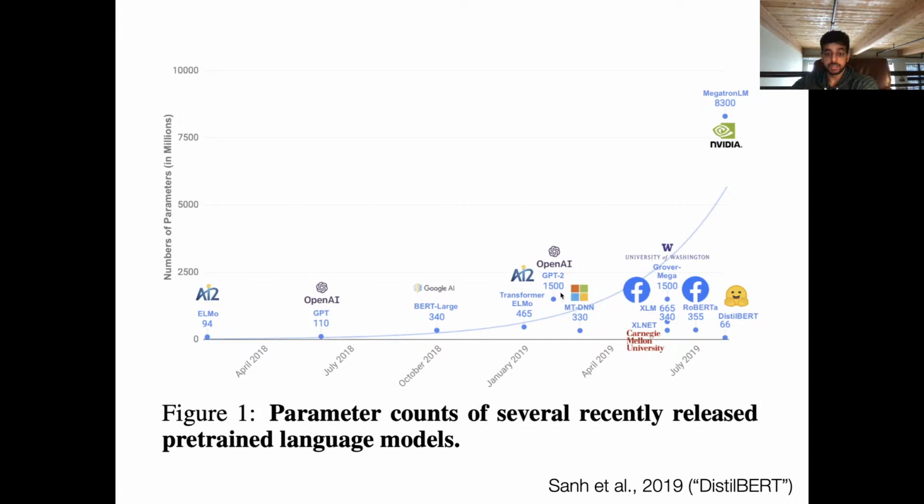We had a bunch of models, RoBERTa, etc. GPT-3 is like off the chart. It has way more parameters than anything else we've seen. But the method proposed in this paper, DistilBERT, has only 66 million parameters. So it's definitely smaller than something like BERT.